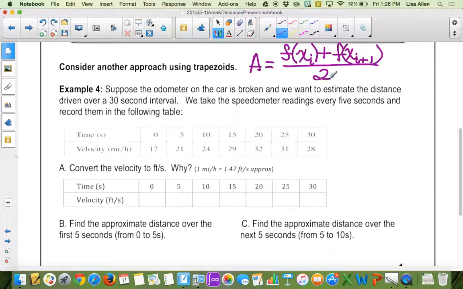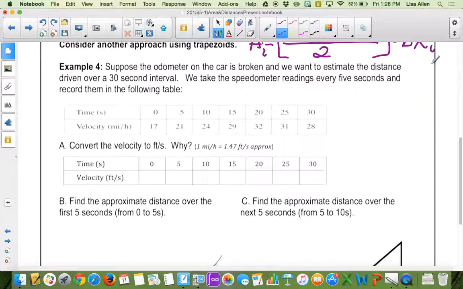Doesn't it look like base 1 plus base 2 over 2? And then it's times delta x. So that would be the area of one subinterval, if you will. We put an i over here to be proper. So what we're going to do with the next example is look at an application by using trapezoids.